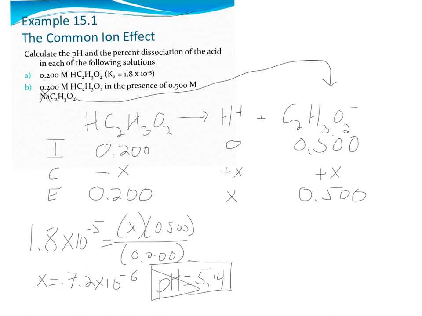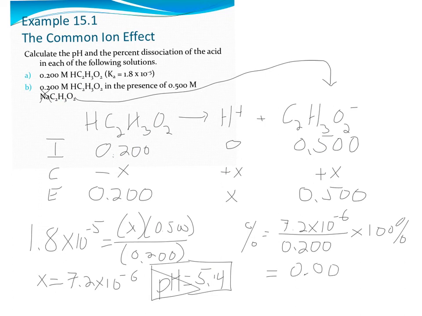Percent dissociation is going to be the same as before. 7.2 times 10 to the negative 6th is how much dissociated. I still had 0.2 of the acid. We're not worried about the conjugate. We just want to know how much of the acid broke off. And we get a percentage of 0.0036.